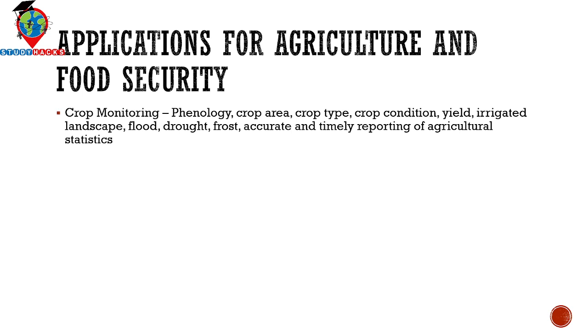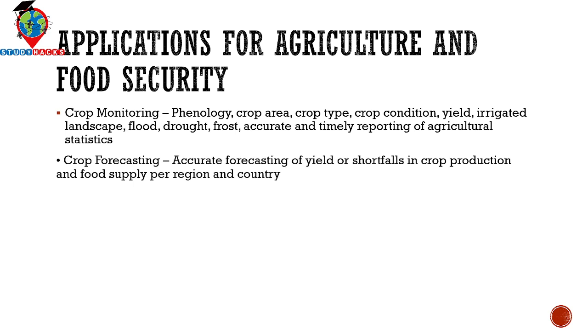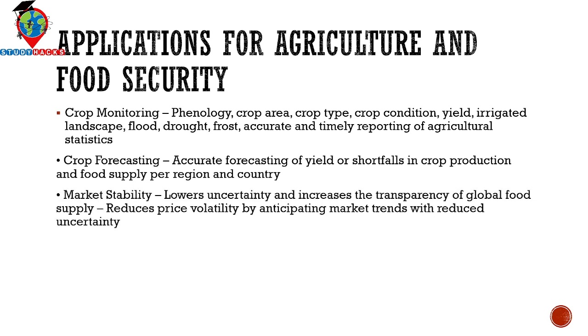Further, I'll try to show you a practical example about that. And crop forecasting. It's very important using the remote sensing technique. We can easily forecast the yield, shortfall in crop production and food supply per region and country. And market stability: lower uncertainty and increase the transparency of global food supply, then reduce price volatility by anticipating market trends with reduced uncertainty.